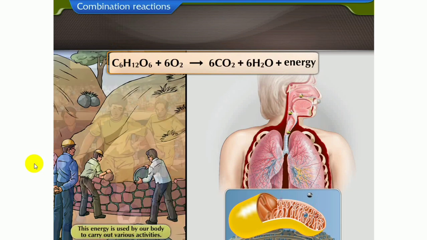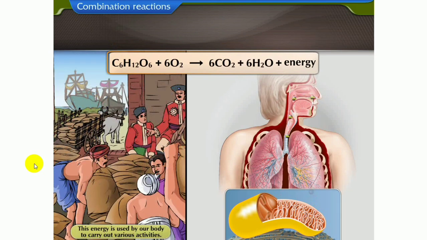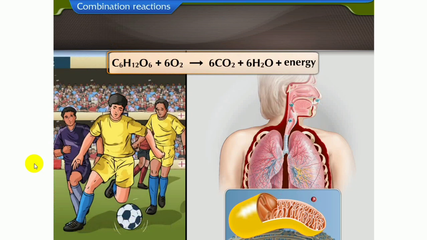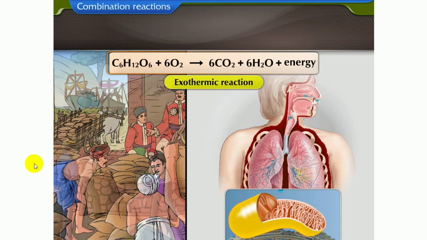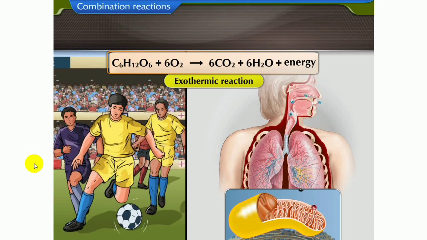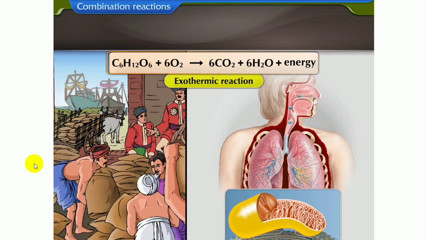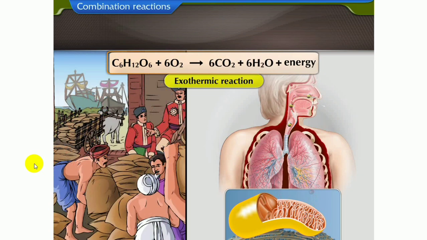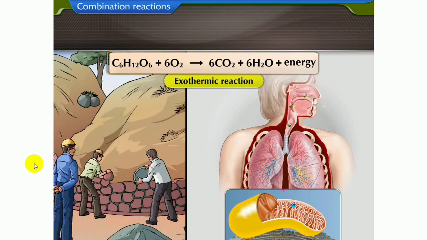It is this energy which is used by our body to carry out various activities. Thus, we can classify respiration as an exothermic reaction. Let us perform an activity to understand the next type of reactions, that is, decomposition reactions.